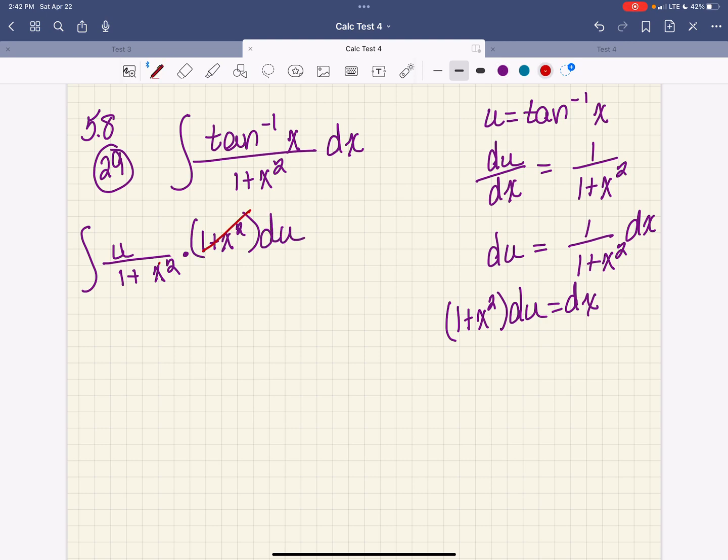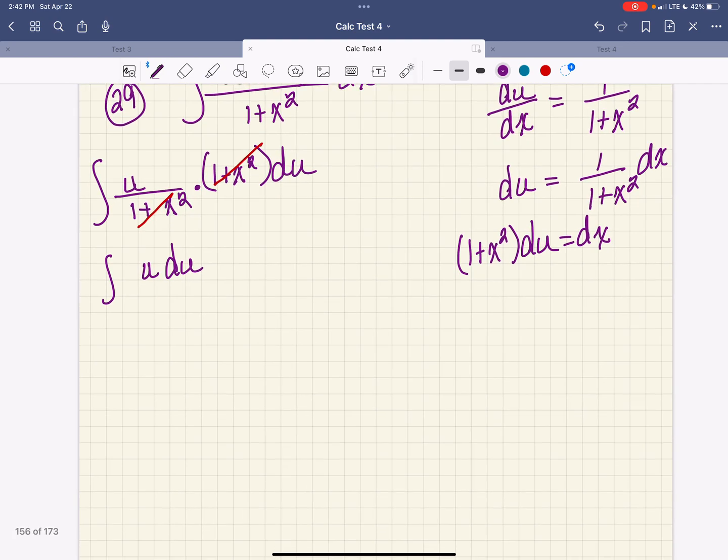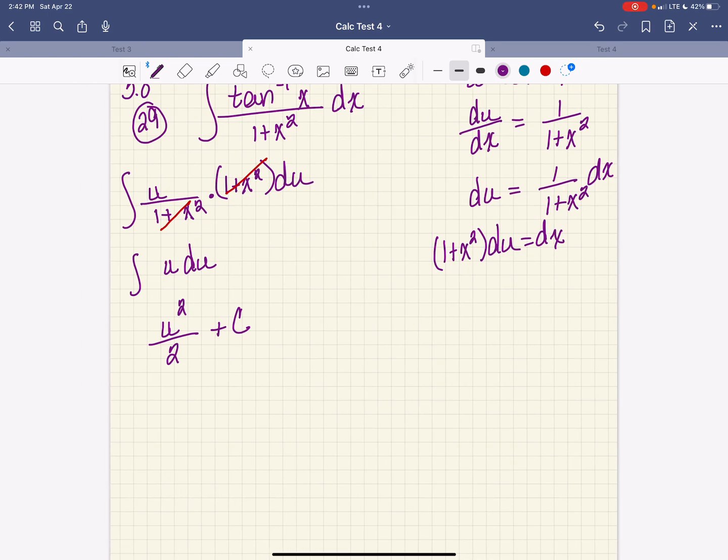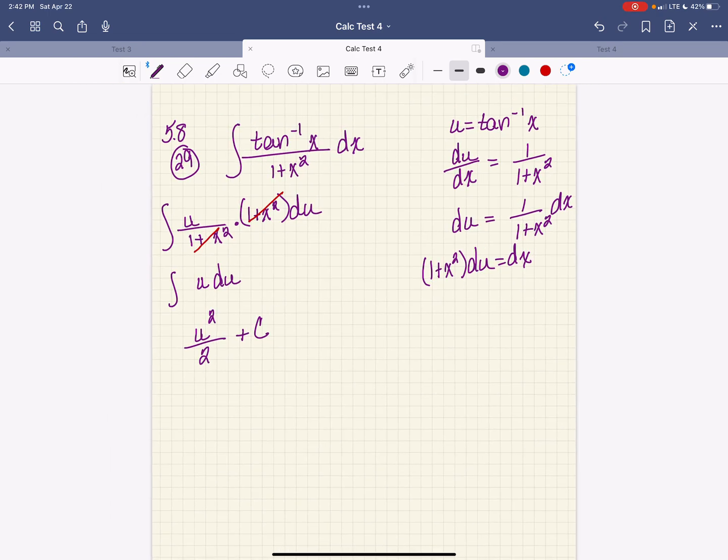Okay, these cancel, and I am left with the integration of u du. Once I do the antiderivative here, I end up with u squared over 2 plus c. And then my last step is to substitute my u value back, and that's inverse tangent. So I have tangent inverse of x, squared, over 2 plus c.